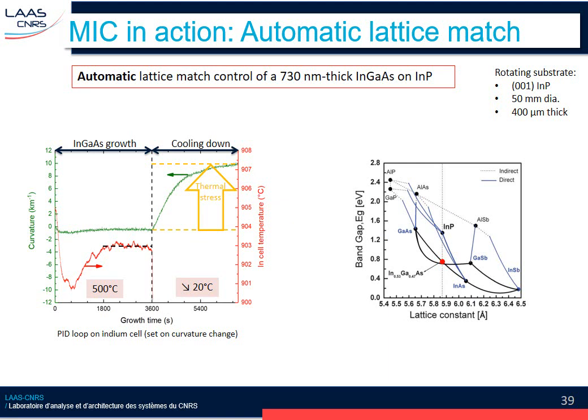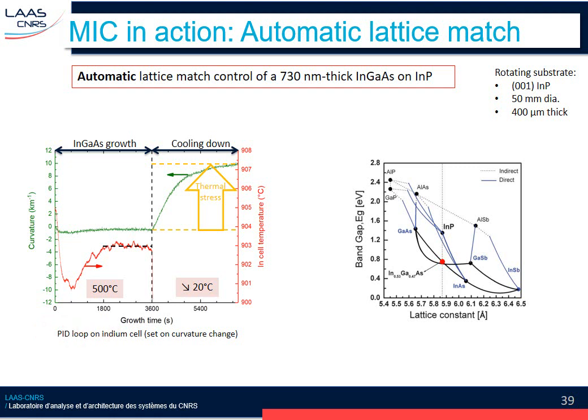In this example, we grew indium gallium arsenide on top of indium phosphide. So you see here, still in green, the curvature of this indium gallium arsenide alloy on indium phosphide, and we're aiming for a lattice match. And here in red you see the temperature of the indium cell, which was linked to the curvature through a PID loop.